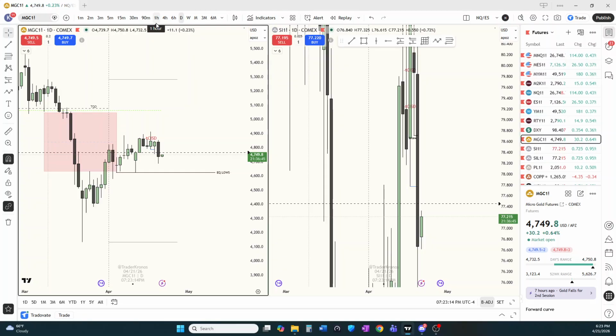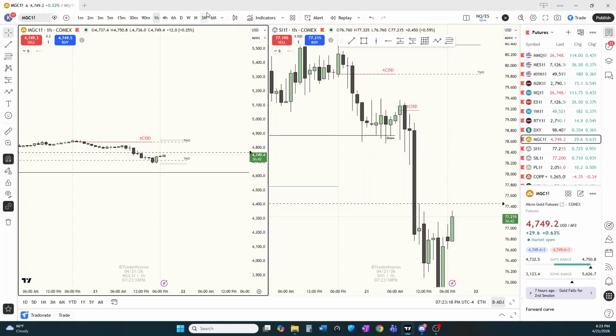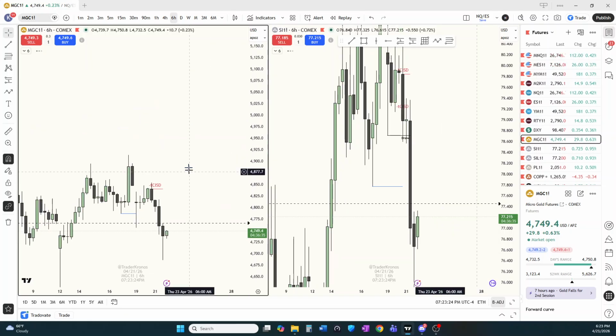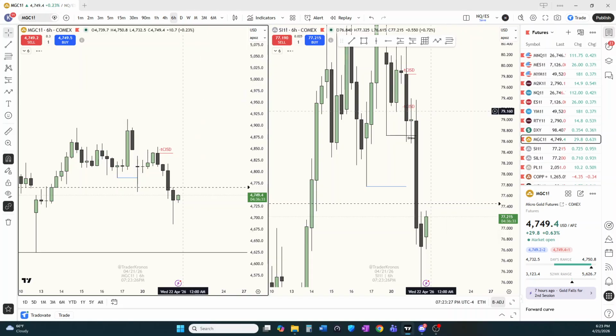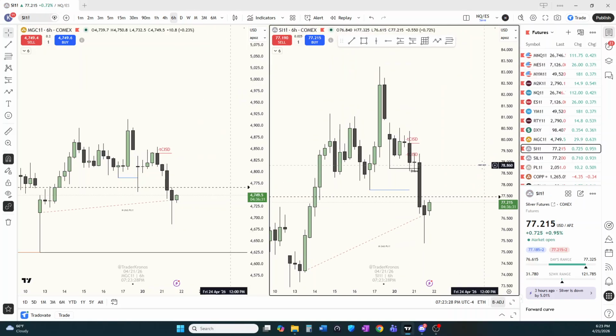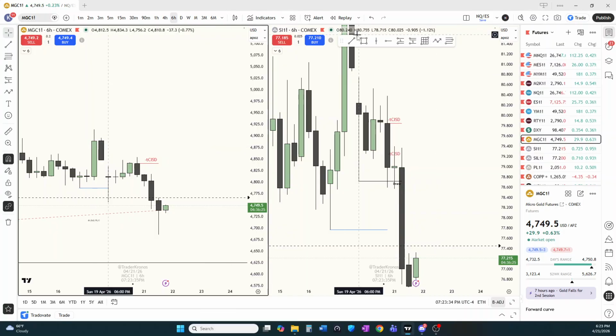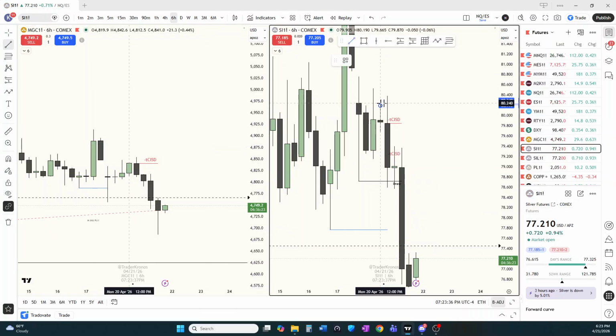But back to the market maker model, out of this gap here, if you were to look at your 6 hour candles, let me get silver pulled up here as well. What I want you to look at here is your consolidation right here.